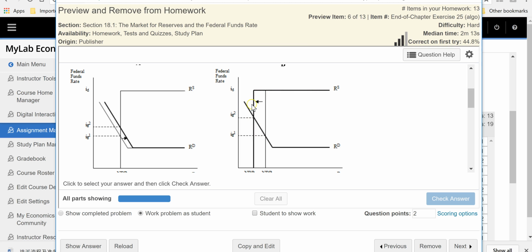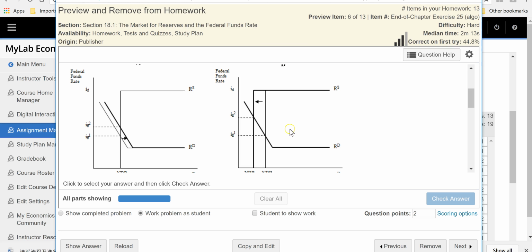First, it has the vertical portion, which is the non-borrowed reserves, and that's through the open market operations by the Fed. And then this horizontal portion, that's the borrowed reserves, and that's through the discount window, when the banks borrow from the Fed through the discount window by paying the discount rate. So that's basically the demand and the supply.